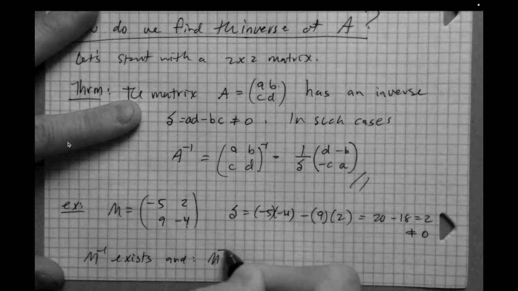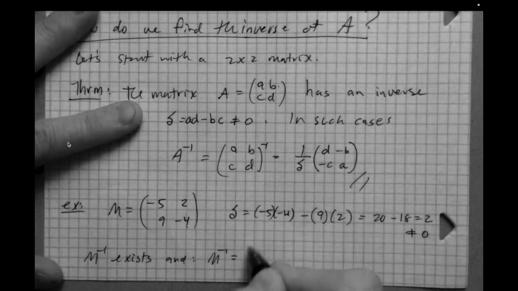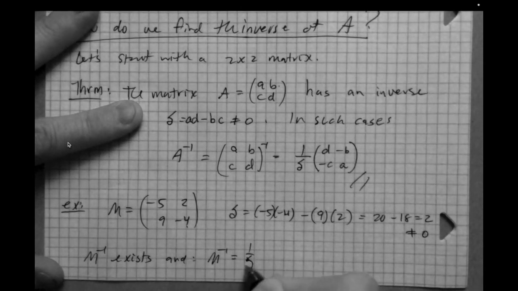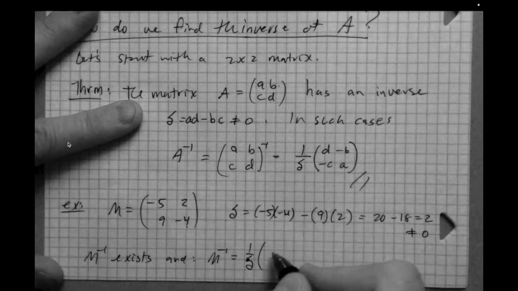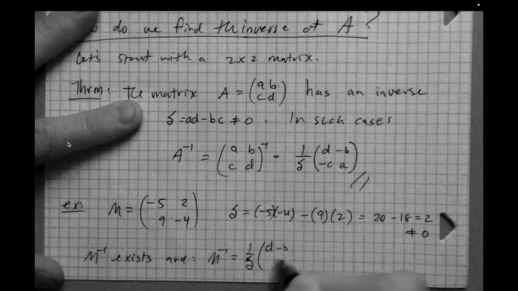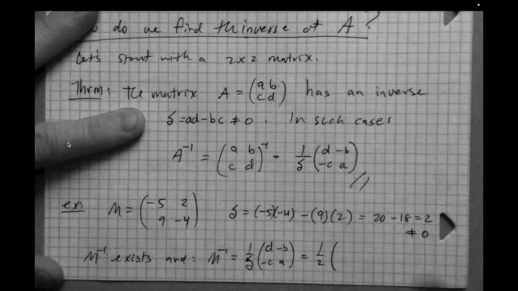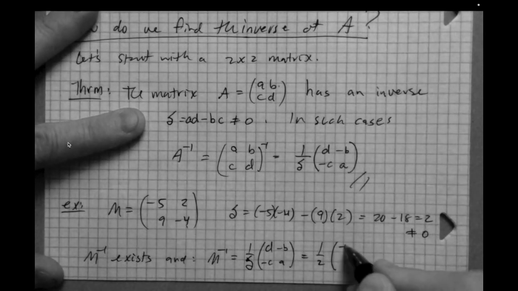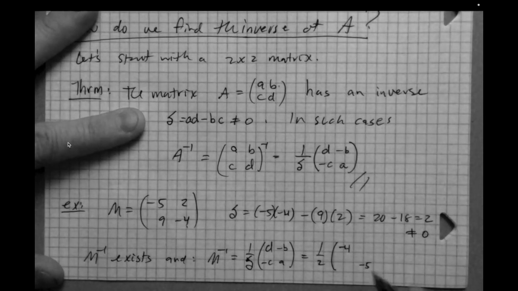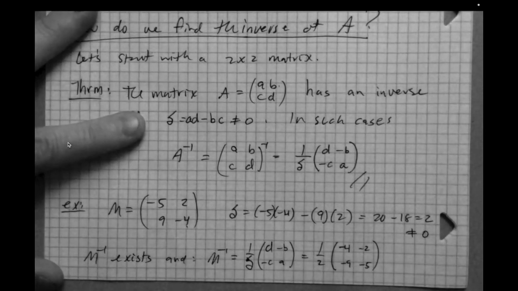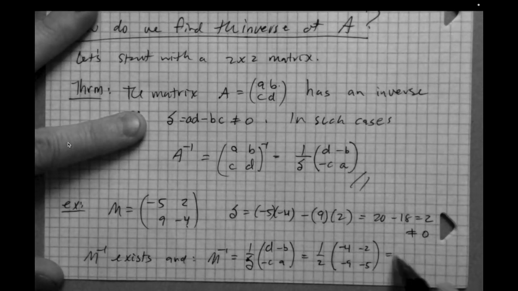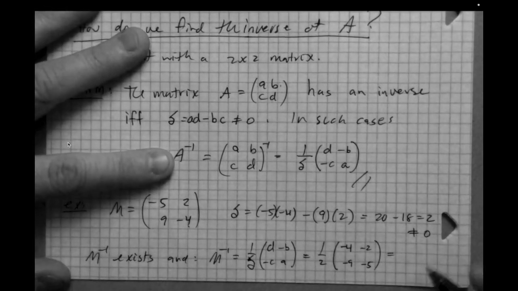And M inverse equals 1 over delta times, I'm going to write it out first, D, negative B, negative C, A, which in our case is 1 over 2, delta's 2, and then we'll switch the order here, so it'll be -4, -5, and then instead of 2, it's -2, instead of 9, it's -9. Okay, so this is the inverse, and we can divide these down.